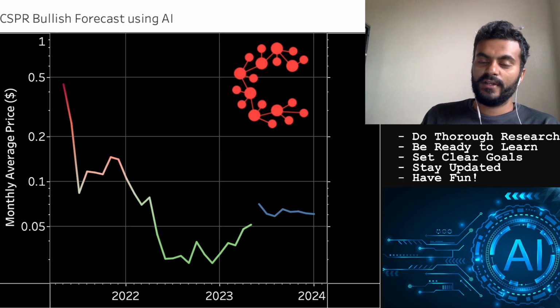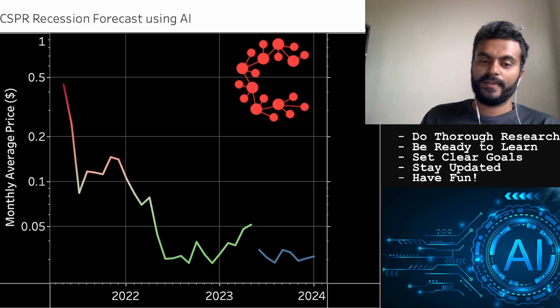The third scenario that I would like to discuss is what could happen to this token if we encounter a recession or have an extreme bearish bias. For this token, the forecasted price at a monthly level assumes that we already have a recession in June.